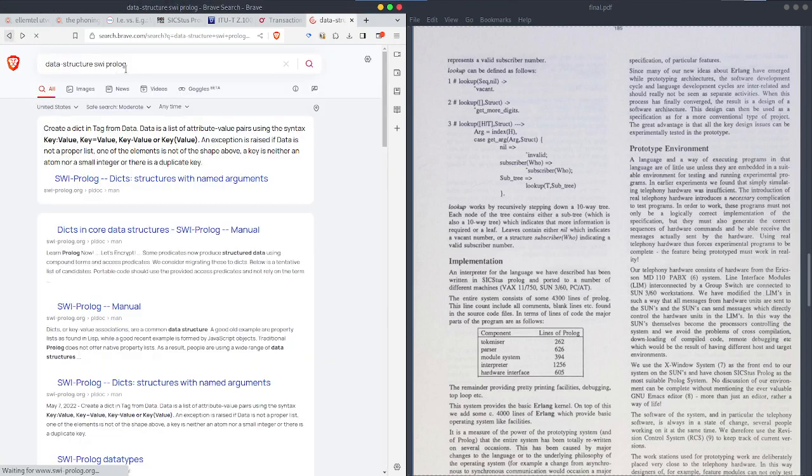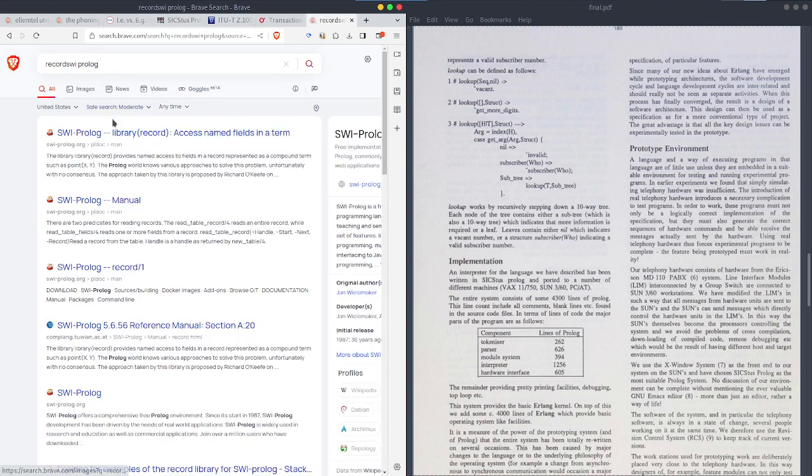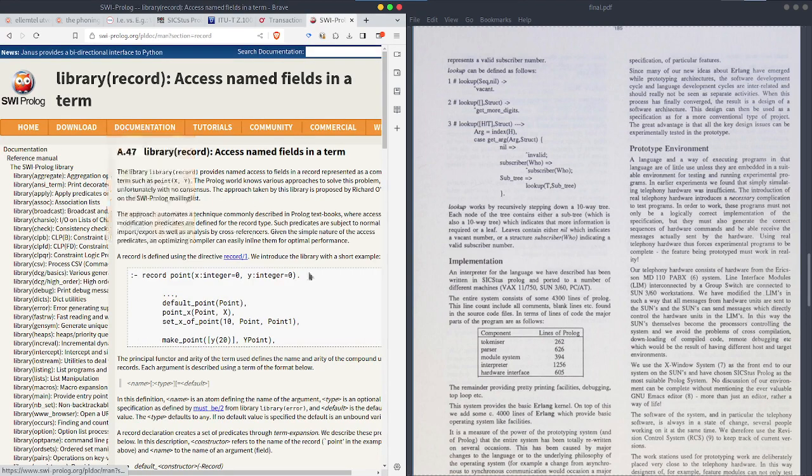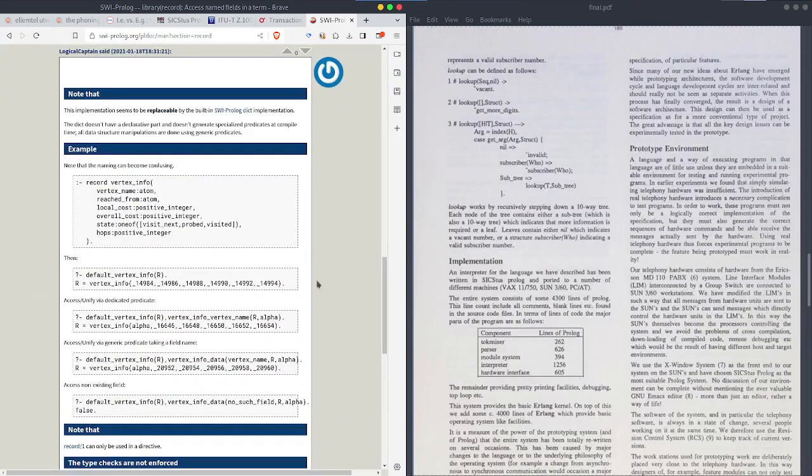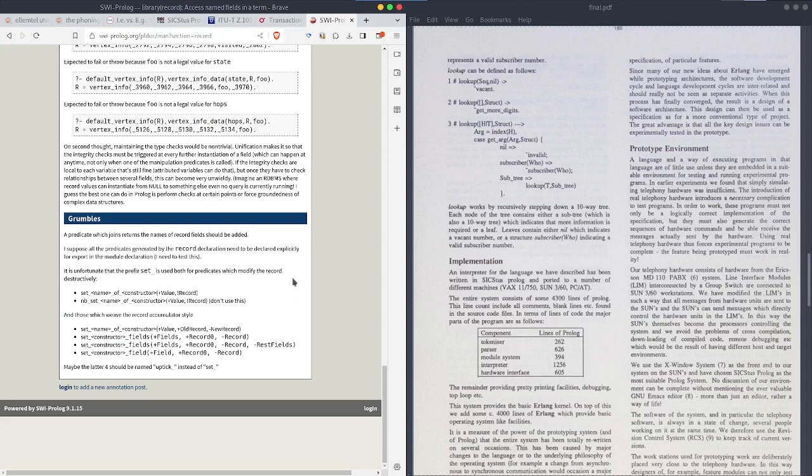Maybe it's a record. I don't remember, but I have already seen this syntax before. It's interesting. It's like a record.